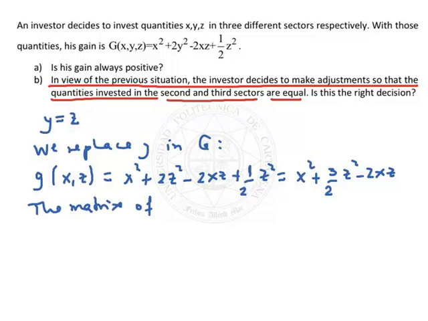So the matrix of the lowercase g is lowercase a, which can also be seen in the video.